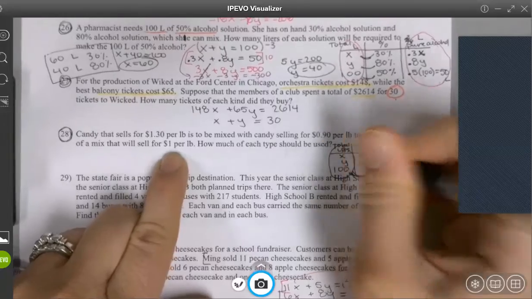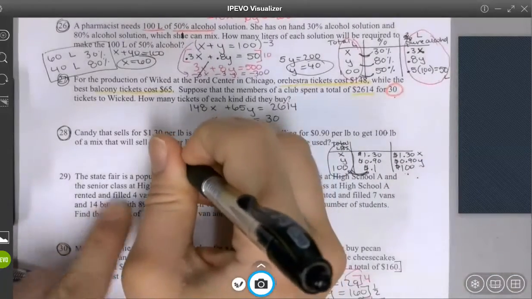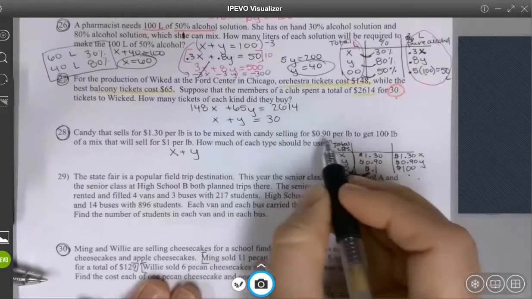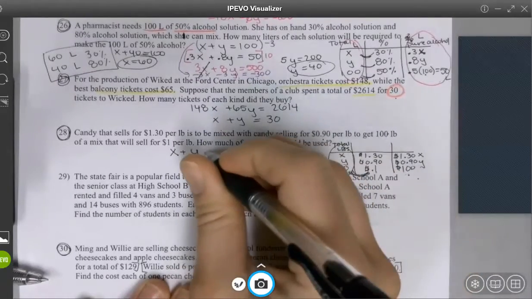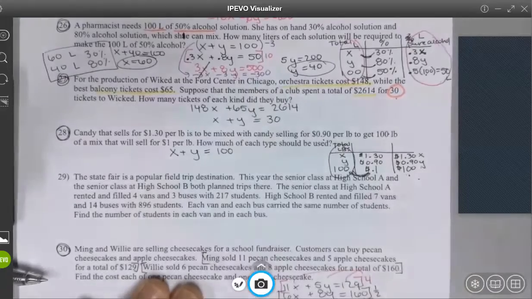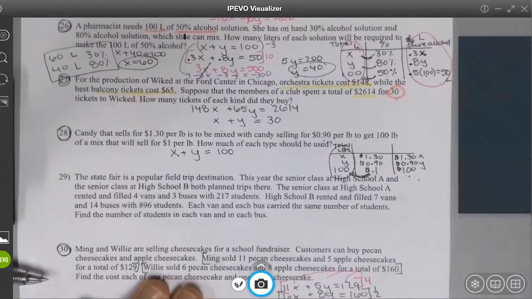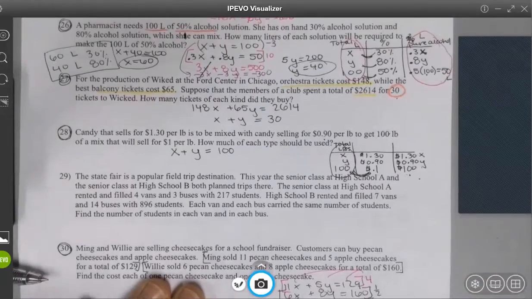So in terms of total pounds, I'm going to have some unknown amount of $1.30 candy, some unknown amount of pounds of 90-cent candy, and it's going to total 100 pounds when I mix it together. And when I mix that 100 pounds, I want it to be a $1 per pound mixture.